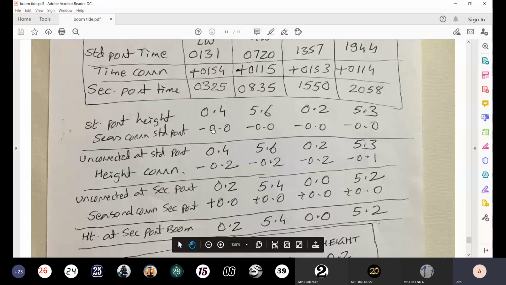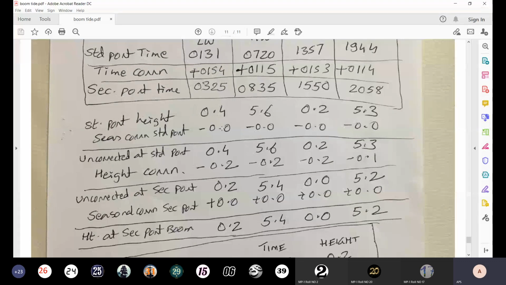Can you see this sign, minus? First you remove, then add. When I say remove, it means minus, and inside the bracket you write down the correction. Like you saw, some of the corrections are plus, some of them are minus. So inside the bracket, suppose it was minus 0.1. So bracket minus 0.1.